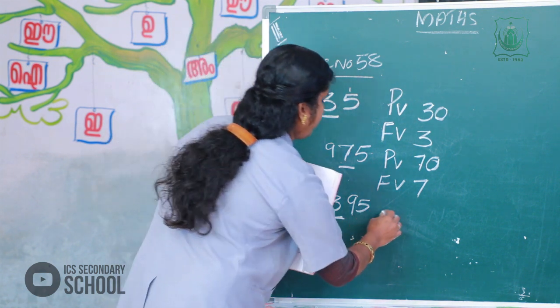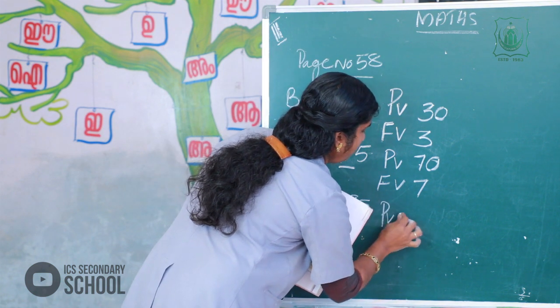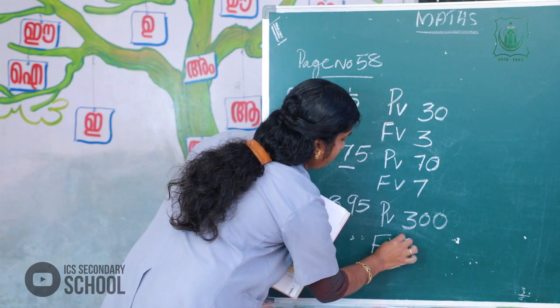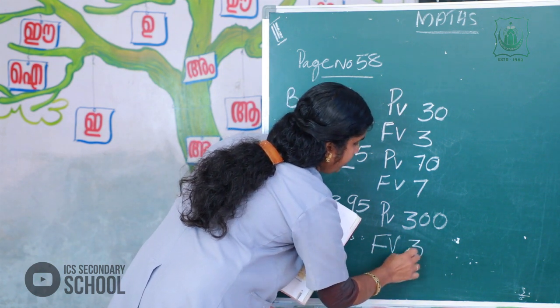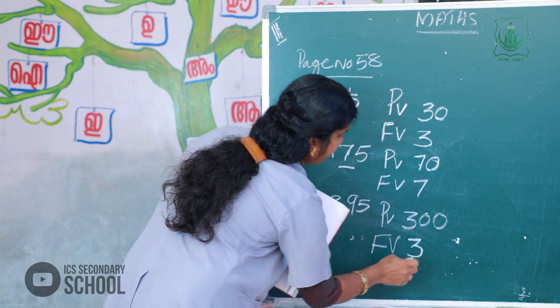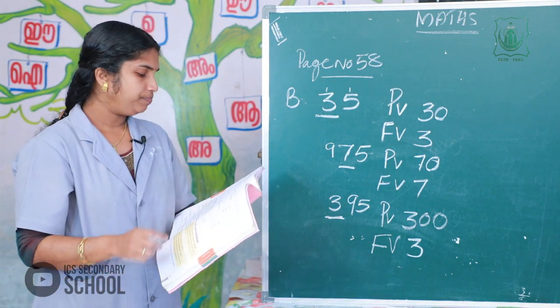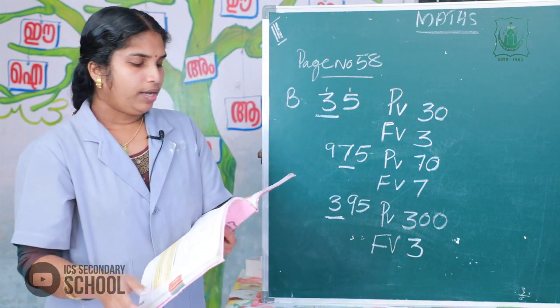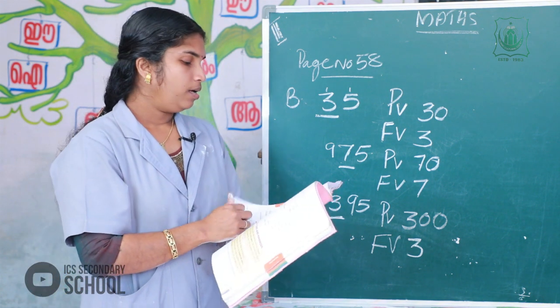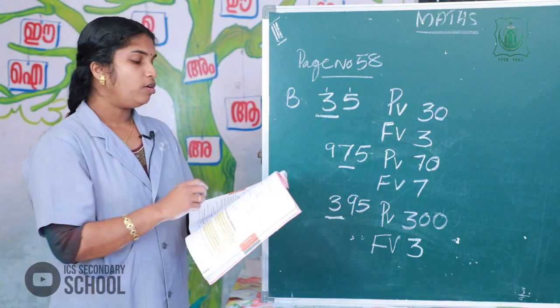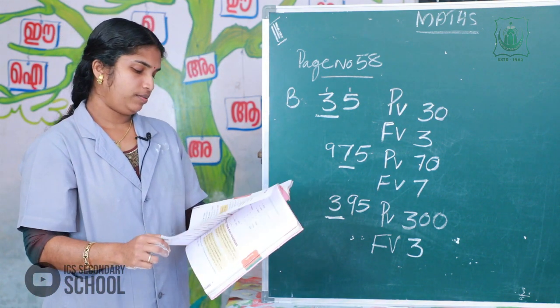We write place value 300, face value 3, the digit itself. Please write the digit itself. Okay. The next 3 problems you solve in your homework.